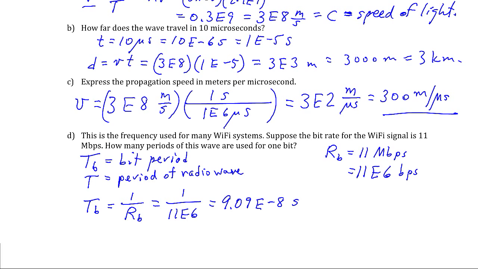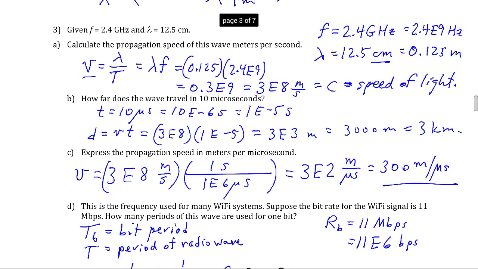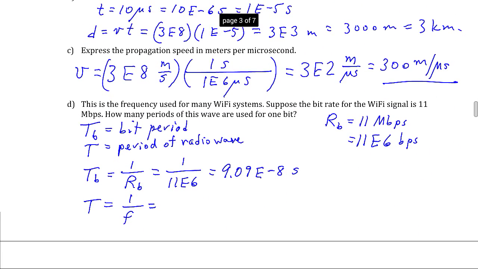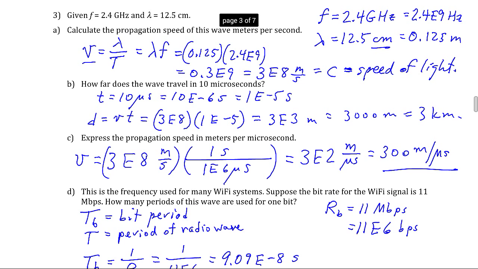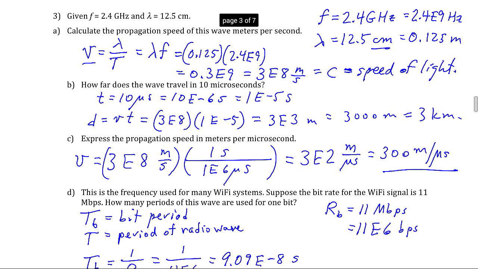That may seem small, but it's going to be much smaller than the period of the wave, which is 1 over the frequency. And the frequency is 2.4 gigahertz. I think I wrote the frequency as 2.4 times 10 to the 9th hertz over here.